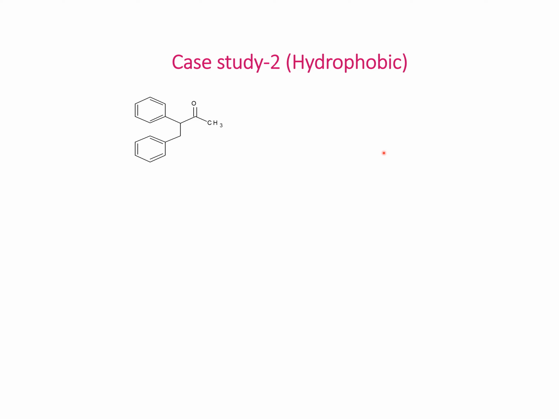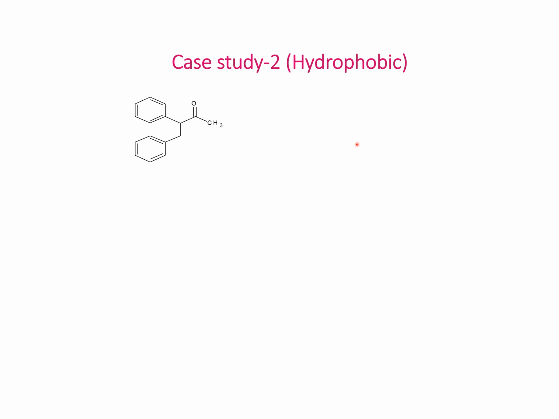Second case study. This is also a neutral molecule. The stationary phase will be the ester derivative phase. For the mobile phase, simply one can take a mixture of water and acetonitrile. For better separation, the ratio of acetonitrile can be decreased, or the injection volume can be decreased, or the column temperature can be decreased.